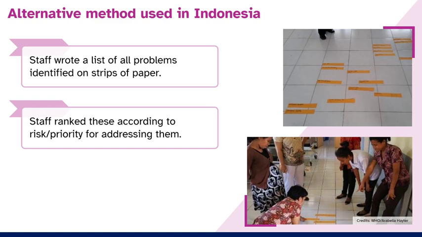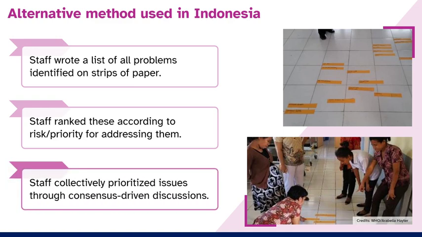The middle third were classified medium risk, and the bottom third, the lower risk. This inclusive approach allows staff at all levels to engage in the process and contribute to decision making. They collectively prioritize issues through consensus driven discussions using their own criteria tailored to their facilities' needs. It stands out for its simplicity and effectiveness in addressing problems.